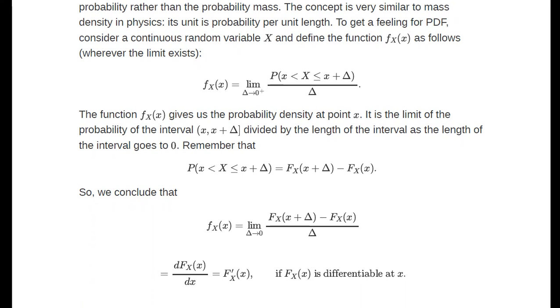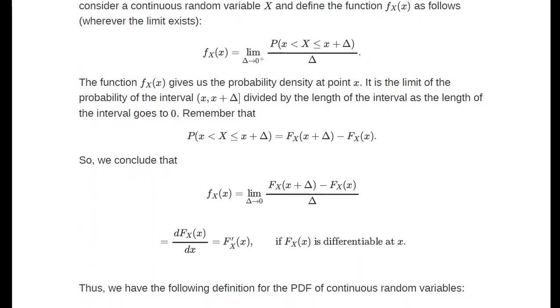Remember that the probability of X being between x and x+Δ is equal to F_X(x+Δ) minus F_X(x).